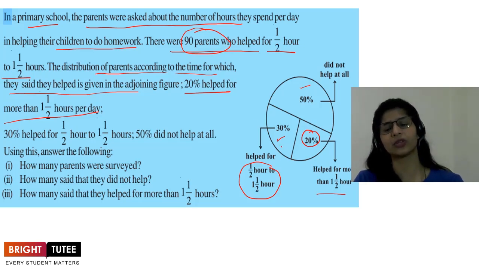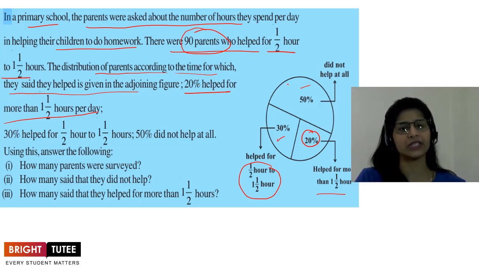Yes, because out of the total parents that were surveyed, there are 90 parents. That means 30% and 90 parents, this is the same thing, right? The first question they are asking is how many parents were surveyed in total.